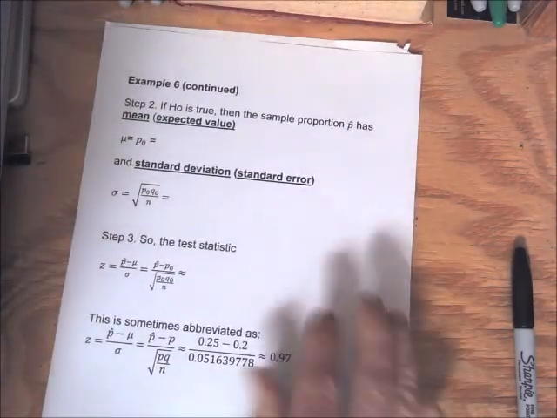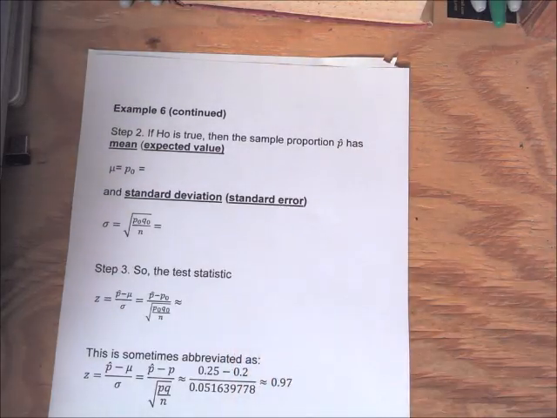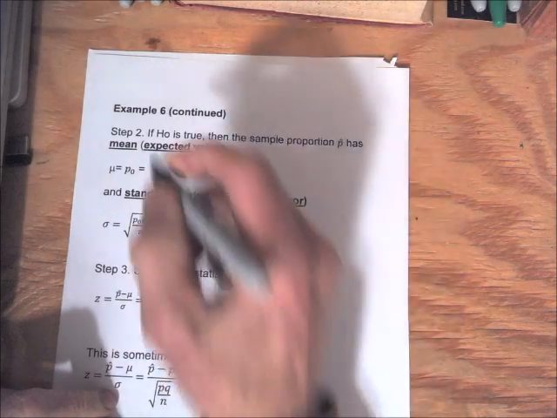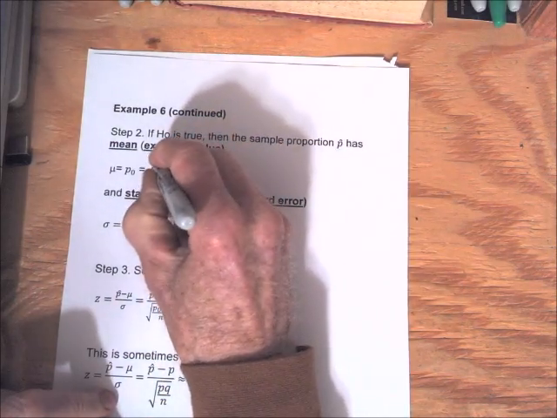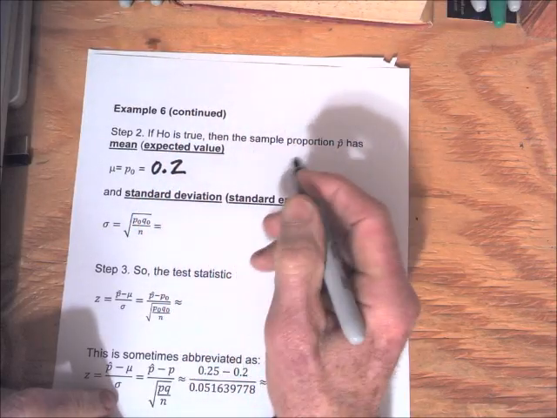Okay, so since we're using the z-table, we need to compute the mean and standard deviation of p hat, and then we can compute the z-score. If h0 is true, then the proportion that we expect Maddie to get correct in the long run is 0.2. That's p0.